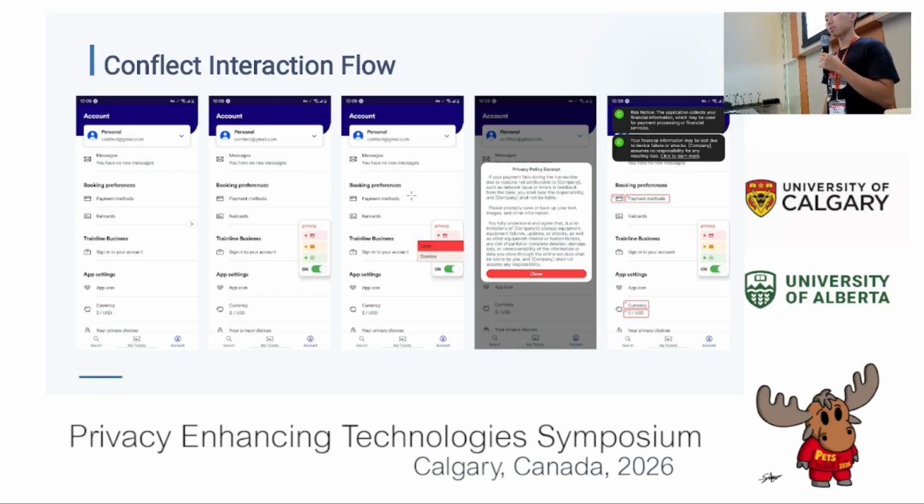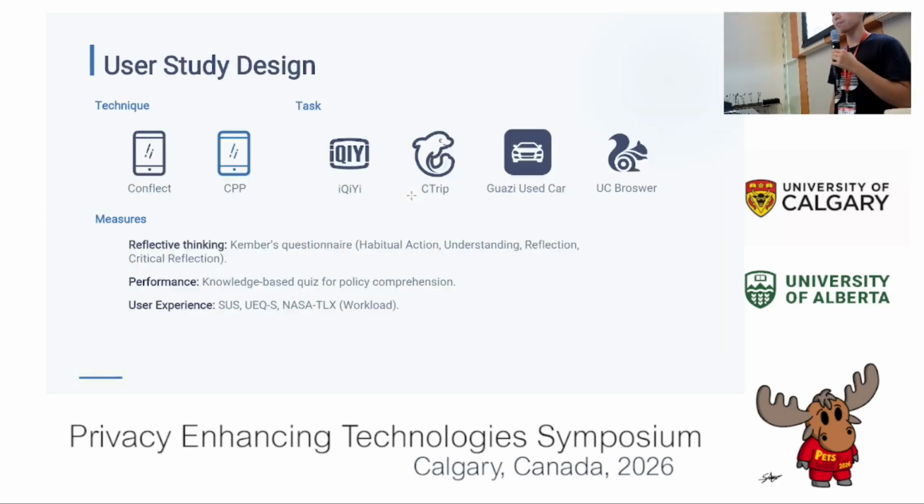And users could click on different buttons to see the notifications containing privacy policy excerpts and also the data consequences generated, grounded in the privacy policy. And users could also click on the button to dismiss or undo the risks to practically control that. And that constitutes the flow from experience to reflection and then to action.